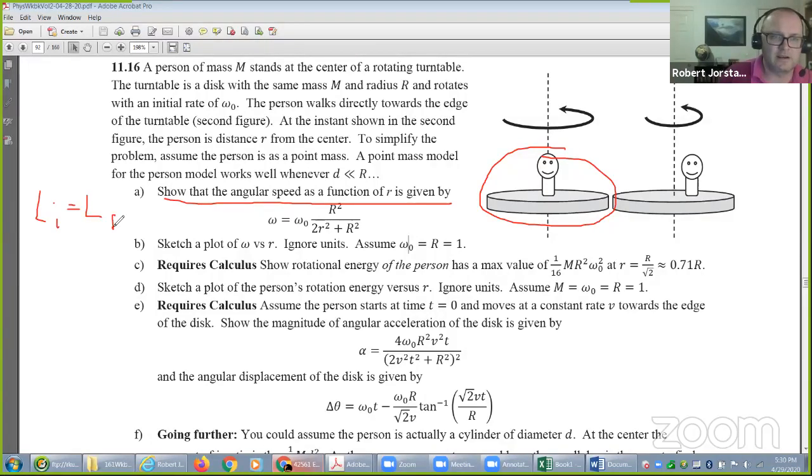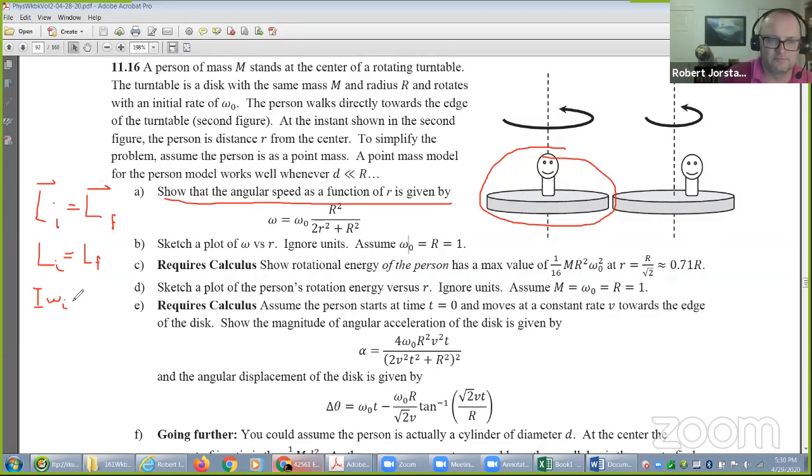To be clear, I've been a little bit lazy today. I want to remind you that L initial and L final are vectors. When everything's rotating the same way, those are the times that we can drop this. For the problems that we've been doing, for objects that rotate and change shape, we almost always have it not reversing direction.